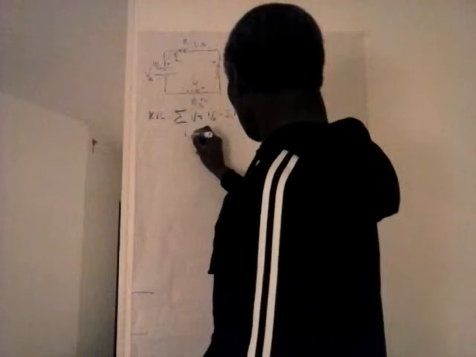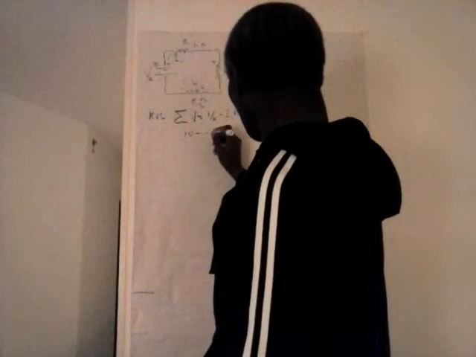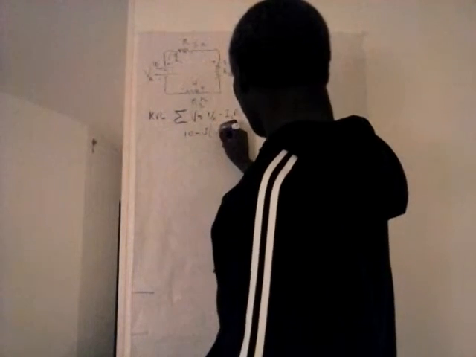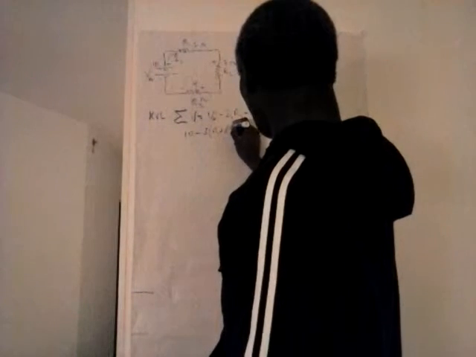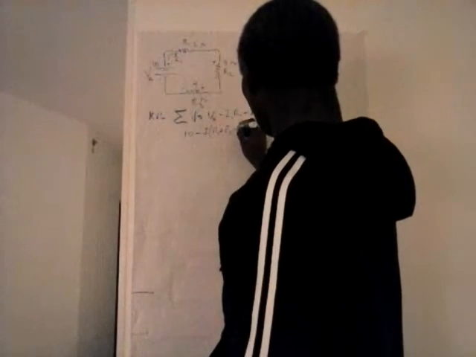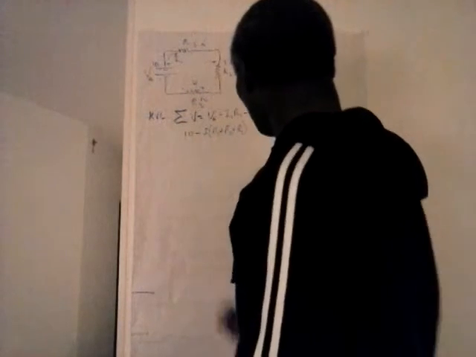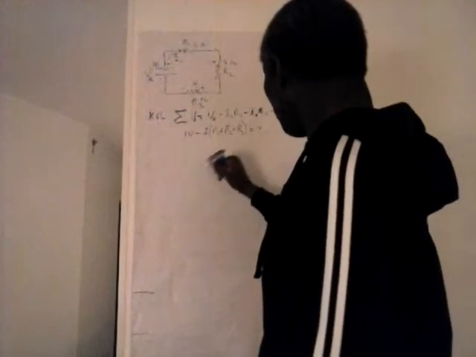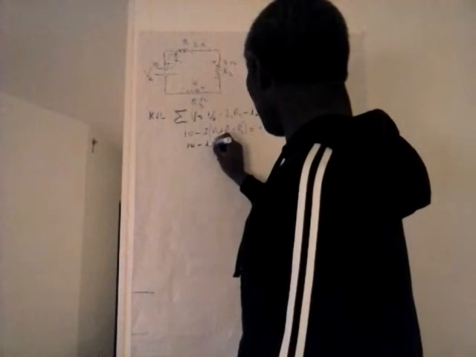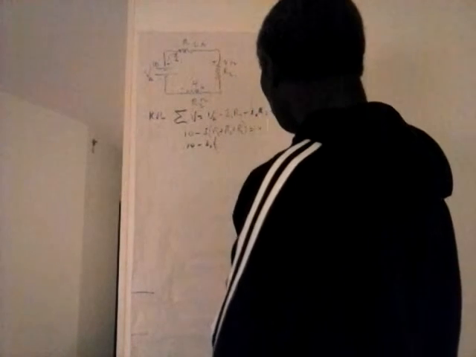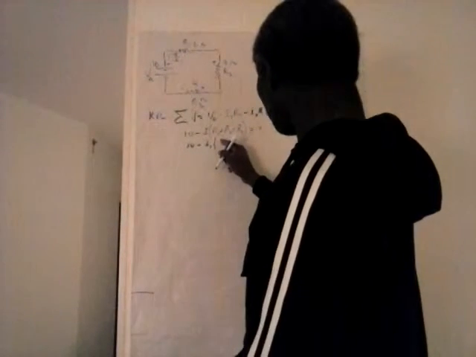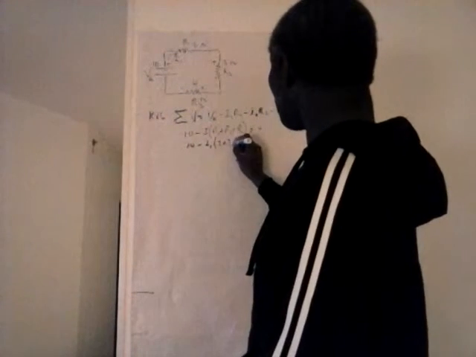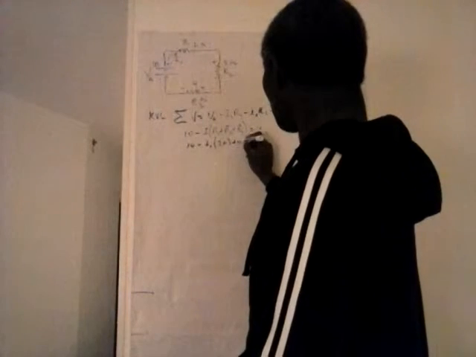So we say VA, 10, minus I1, and I1 is common throughout the circuit, I1 into R1 plus R2 plus R3. So we factor I1, and this must be equal to 0. And so we say 10 minus I1 into R1 is 2 ohms, plus R2 is 3 ohms, and plus R3, which is 4 ohms.